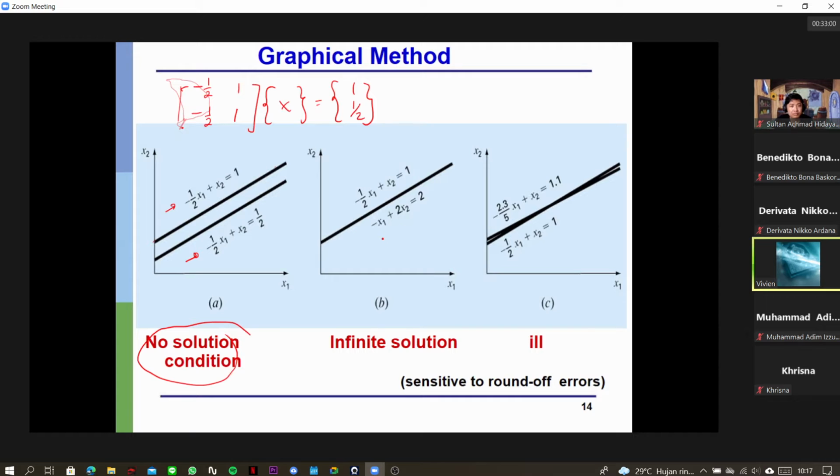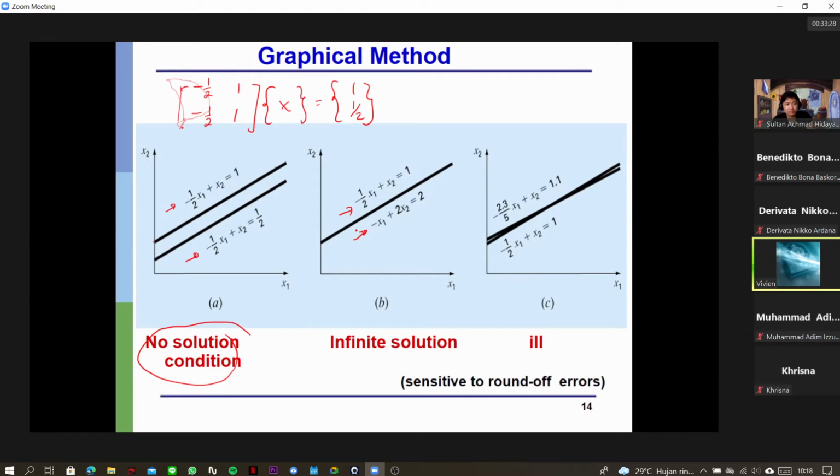Now we have another system with two equations, in which the second equation is actually twice the first equation. So this is actually the same equation, and we will have two lines that coincide with one another.